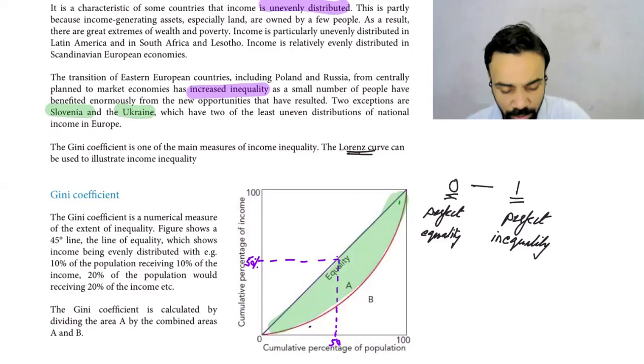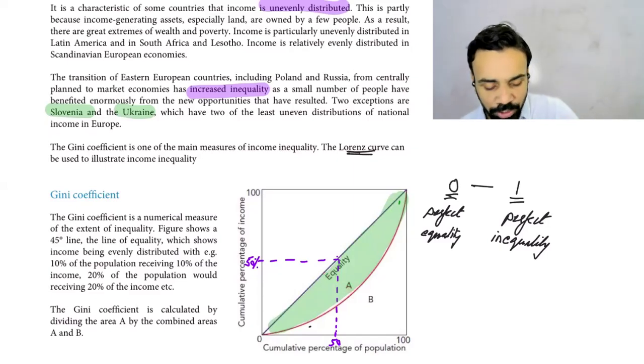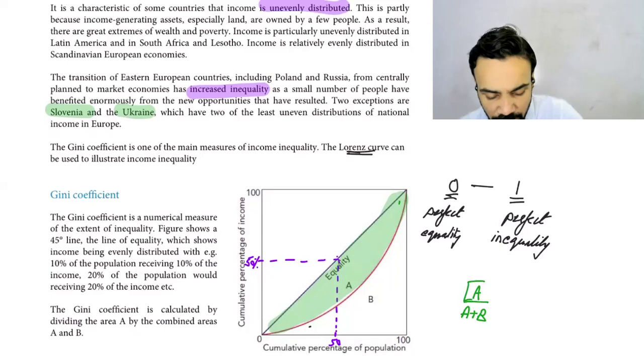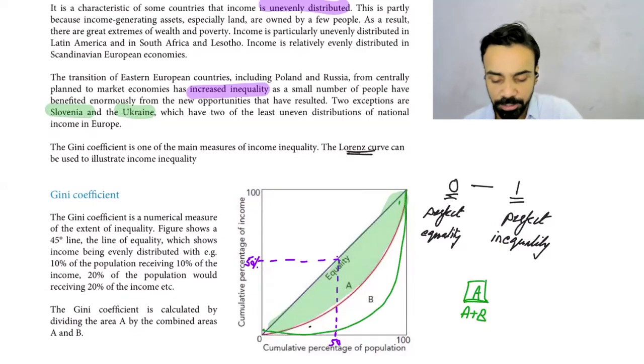The gap between equality versus how the country really is. So the equation is area A, which shows inequality, divided by the 50%, which is A plus B. So the bigger area A is, the bigger the gap in the curve will be. You follow? So this shows high inequality.